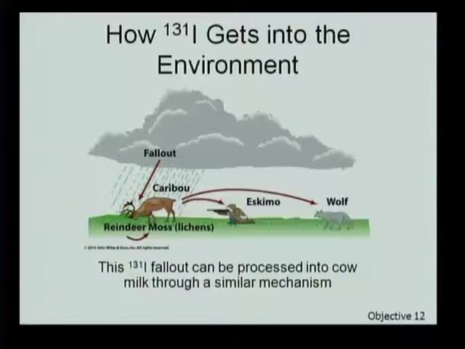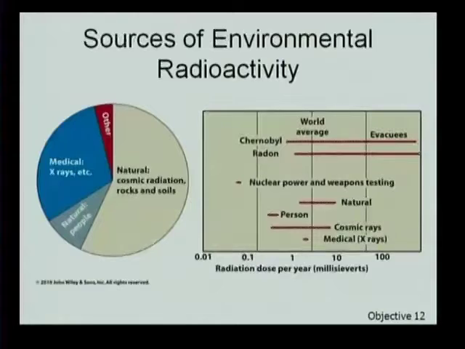We can get that iodine-131 in cow milk, and that cow milk can have levels of iodine-131 that are unsafe, and that's why the Environmental Protection Agency and the FDA monitor levels of iodine-131 in cow milk. So we can see that there are many, many different sources of environmental radioactivity.